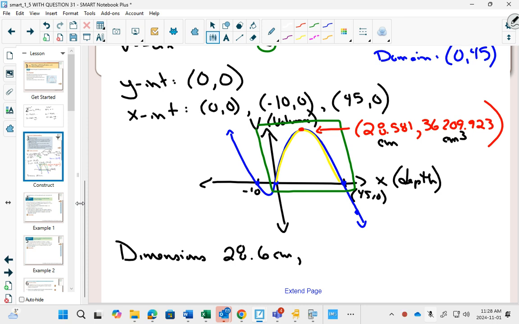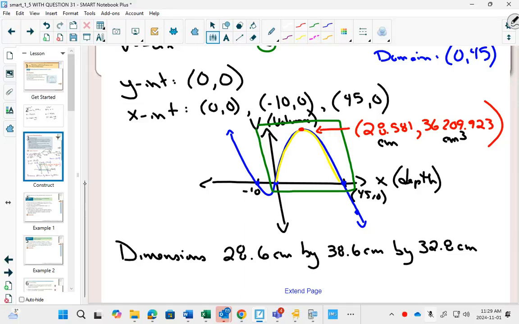The other side, maybe I'll write by 38.6 centimeters by, and if we take 100 and minus those two, we get 32.8 centimeters. All three of those should add up to 100 centimeters.